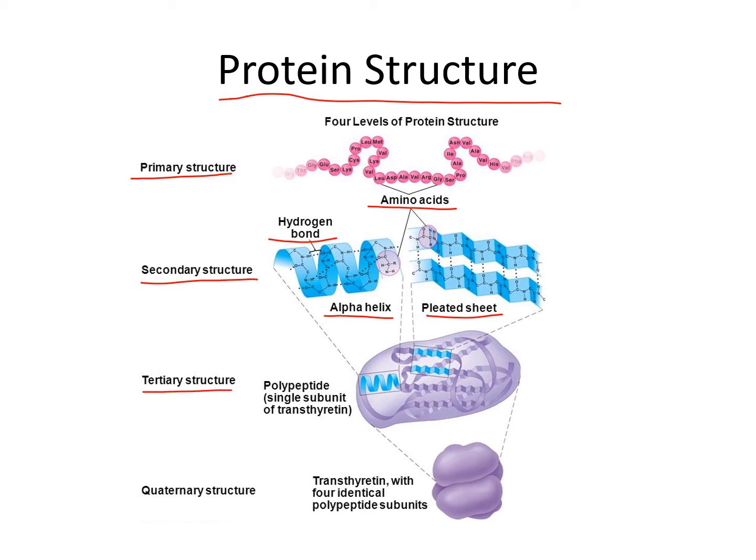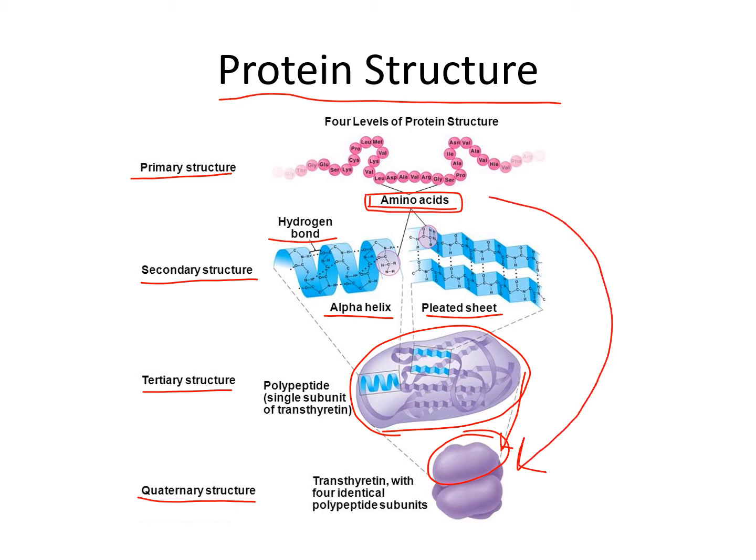Then tertiary structure is the 3-dimensional structure of this polypeptide, how it all folds in on itself, and again that is facilitated by hydrogen bonding. And then the last level of structure is quaternary structure, how this one protein interacts with other proteins to form a functional enzyme.